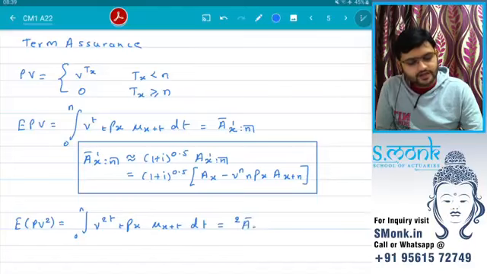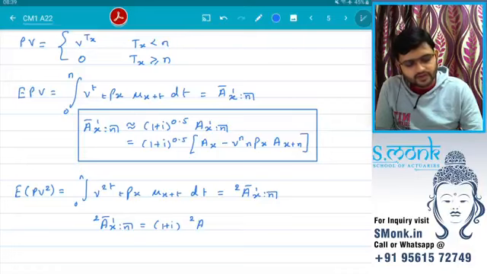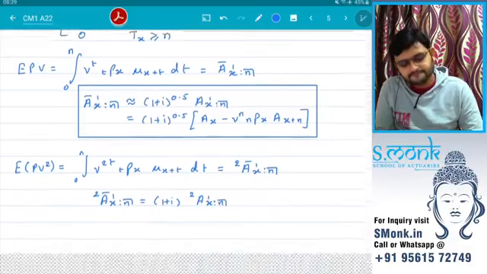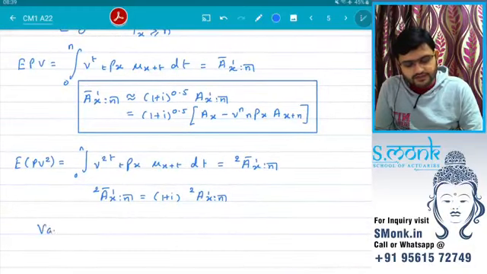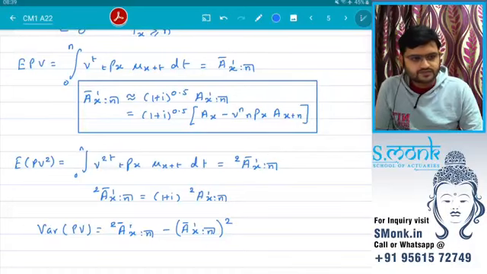We'll write it as 2A bar x dash n, and we know our 2A bar x dash n will be (1 plus i) times 2A x dash n, and our variance would be 2A x dash n minus A x dash n, everything bar, whole square. Bar and bar.